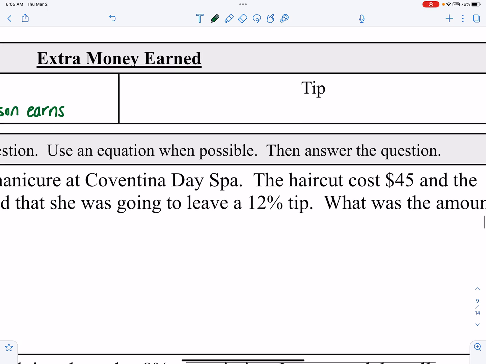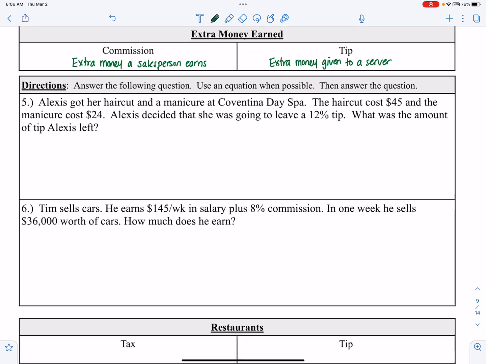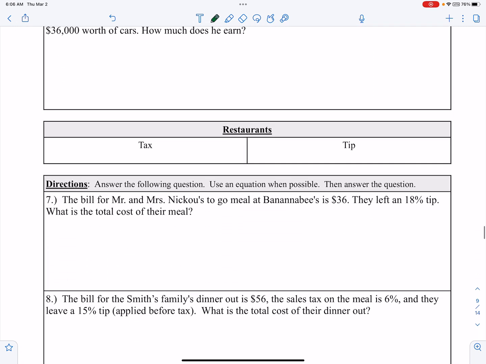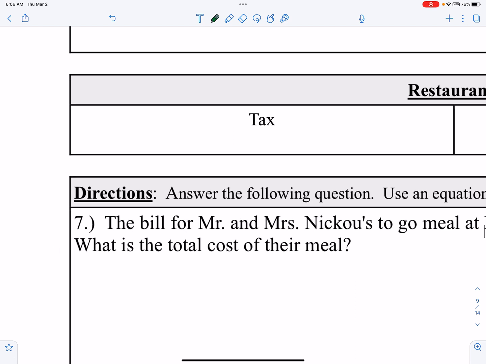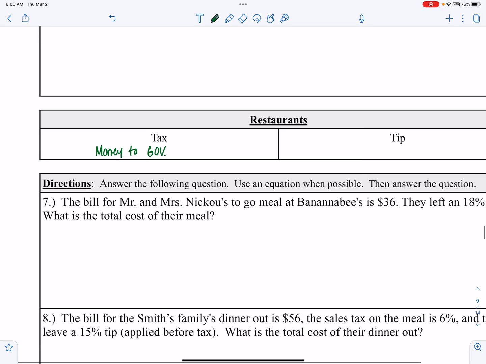And then a tip, we know that this is extra money given to a server at like a restaurant. And then let's go ahead and fill these out too while we're writing our sentences here. We know tax is money to the government.